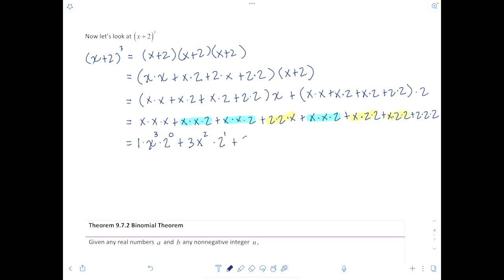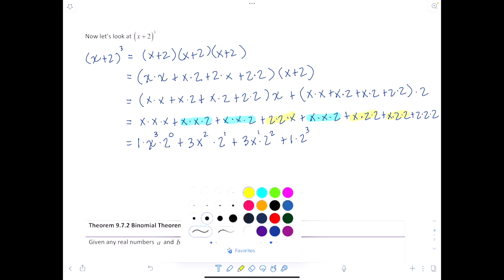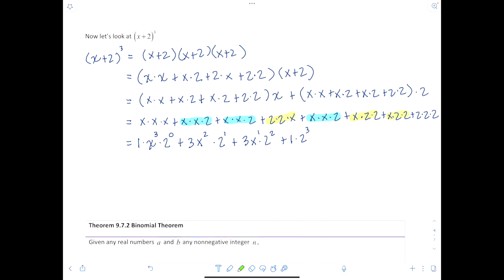And then we had 3 of the other ones, which was x to the 1 times 2 squared. And we had 1 of the 2 cubed. And so, using the green here, you can see the coefficients from Pascal's triangle.